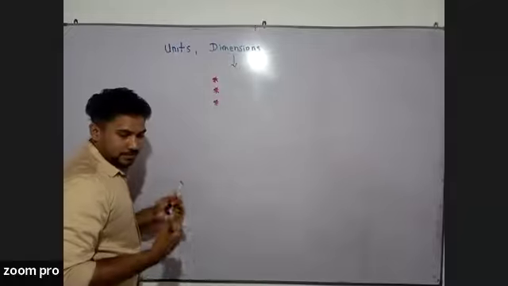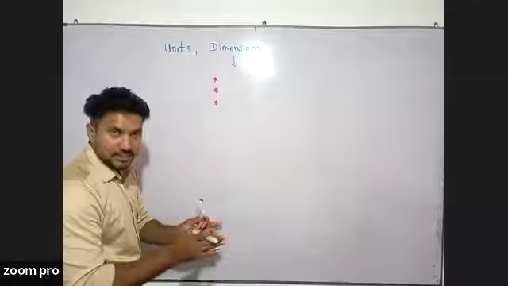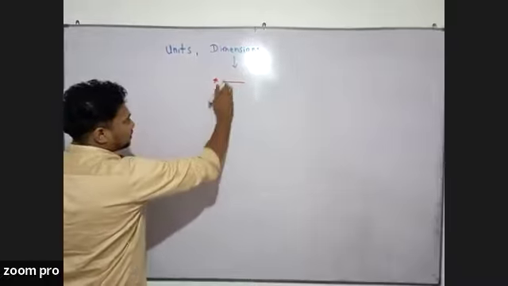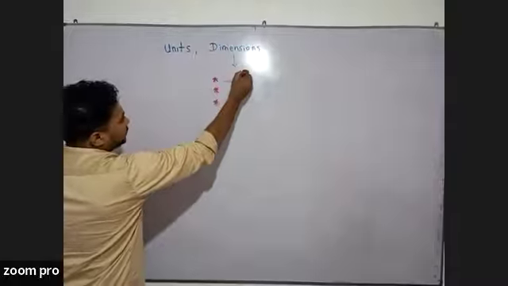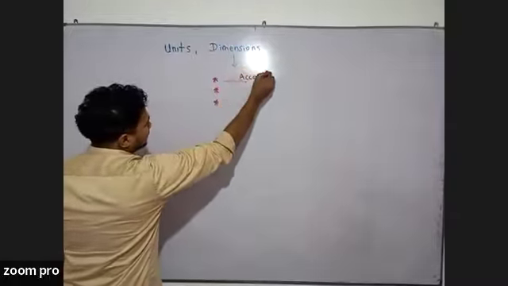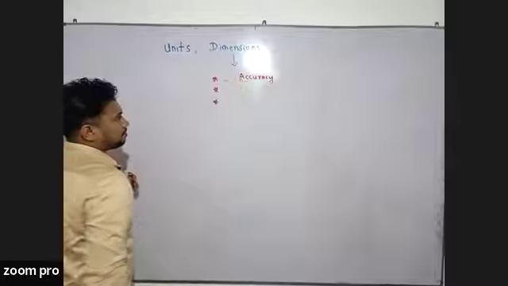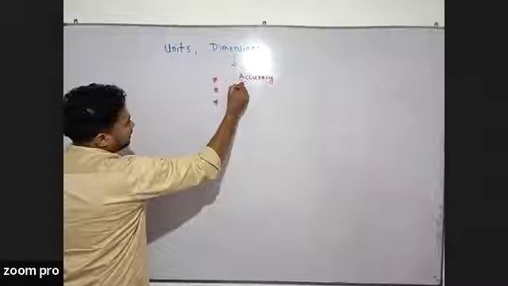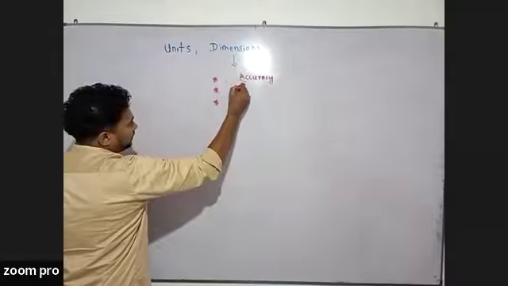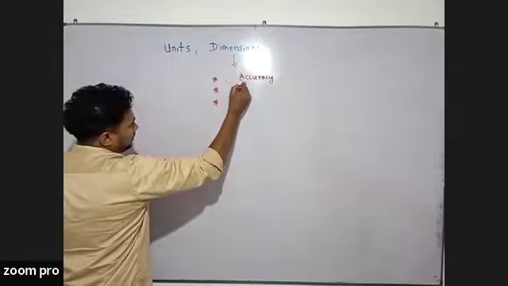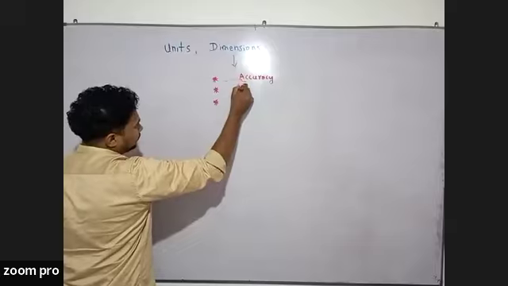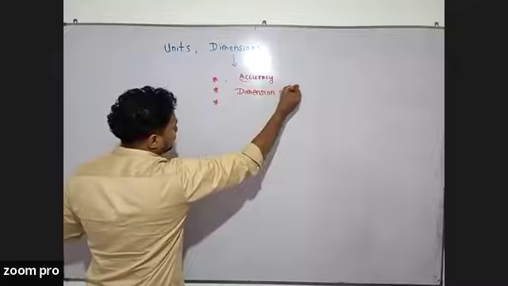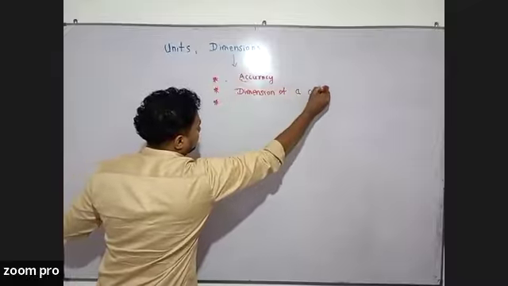So let's recap the things that we learned last day. What are the importances of dimensions? First one is we can obtain the accuracy of an equation, right? Then the other thing is we can obtain the dimensions of a constant, right?